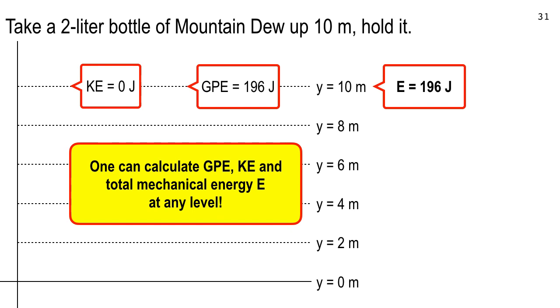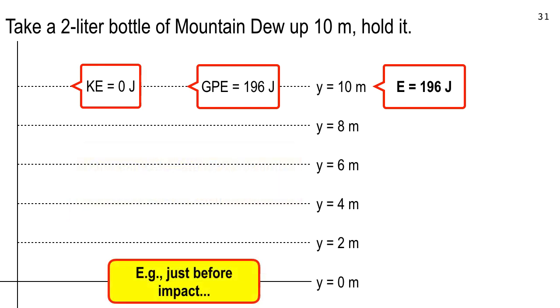Now, let's go all the way down to the floor level. Just before impact, what's the kinetic energy going to be? Wait a minute. What's the potential energy going to be right before impact, when y is equal to 0?